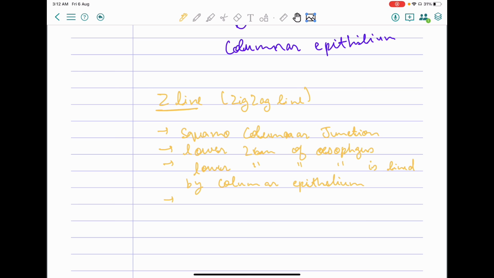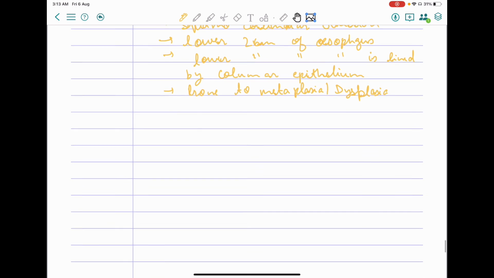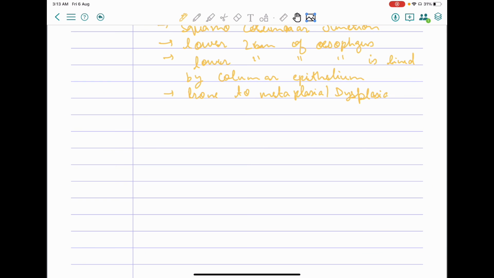Actually, this is the area which is very prone to metaplasia or dysplasia, which will ultimately lead to cancer. So if you do not treat your patient correctly, or do not detect it early, your patient can get cancer.